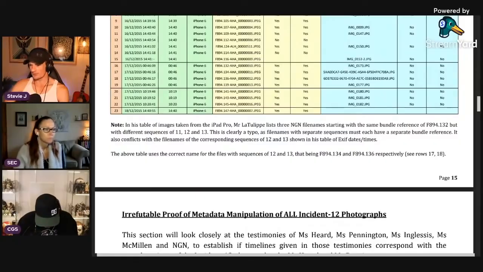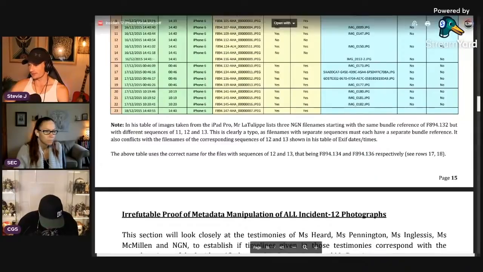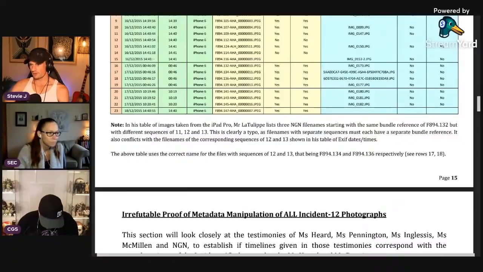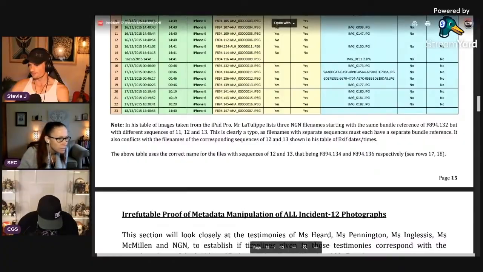The above table uses the correct name for the file names with sequences of 12 and 13, that being F894.134 and F894.136, respectively. See rows 17 and 18.